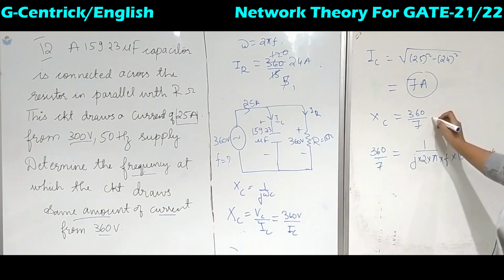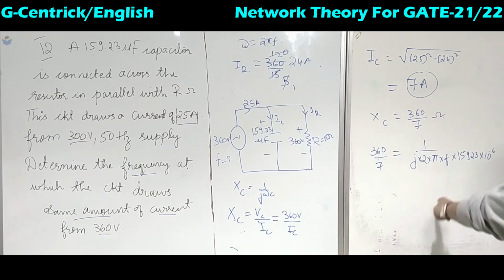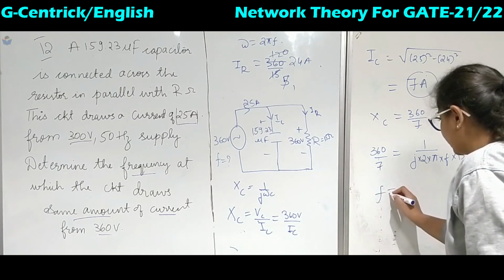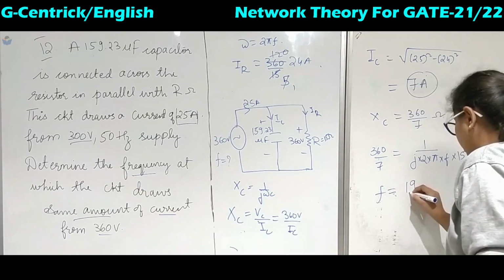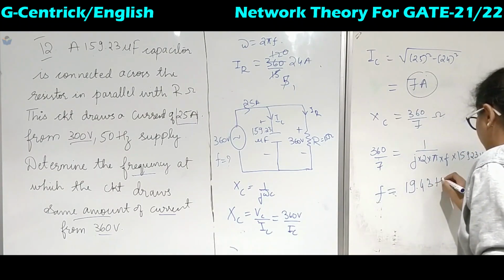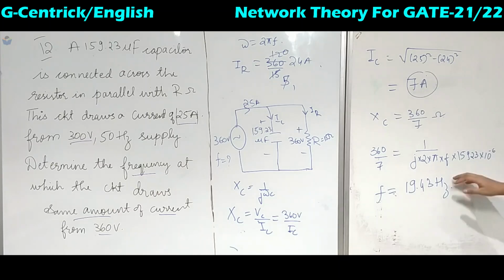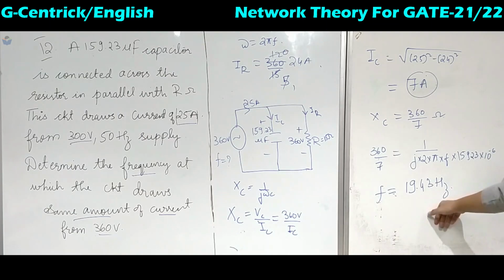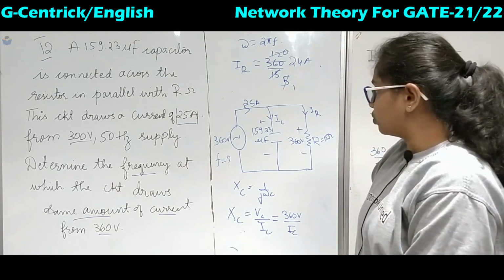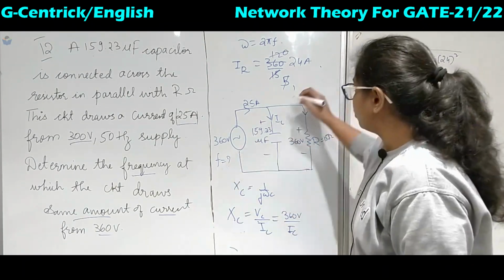This is not amperes, this is in ohmic value. Now if you solve this one, you will get the frequency as 19.43 hertz. So what is the value of frequency? 19.43 hertz.